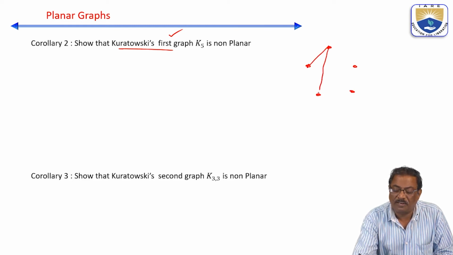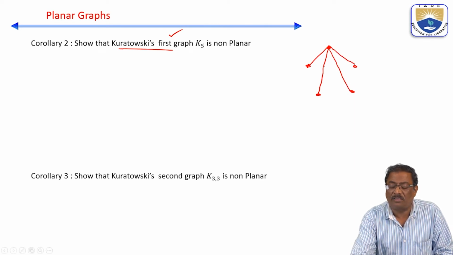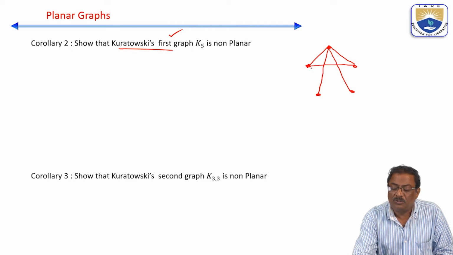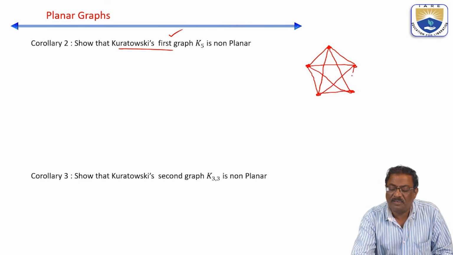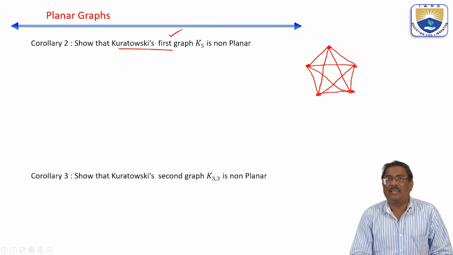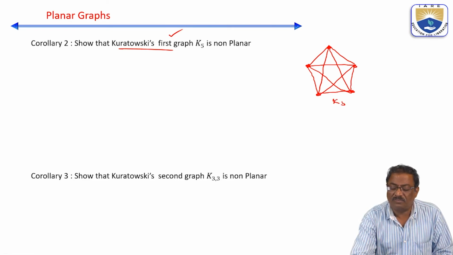It is connected to all the vertices. Now the next vertex is also connected to all the remaining vertices, and this is connected, and this is connected. It is a complete graph with 5 vertices.